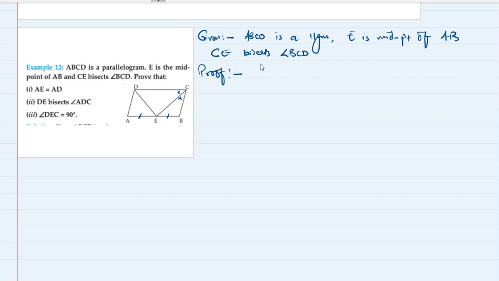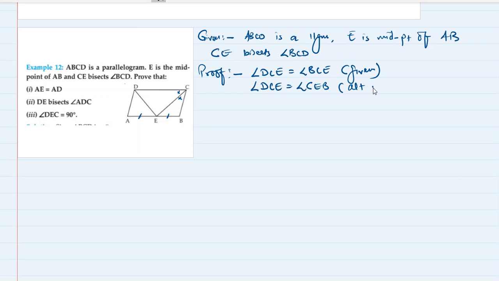Okay, so we can say that angle DCE is equal to angle BCE, given. These two angles are equal. Okay, we can also say that angle DCE is equal to angle CEB.